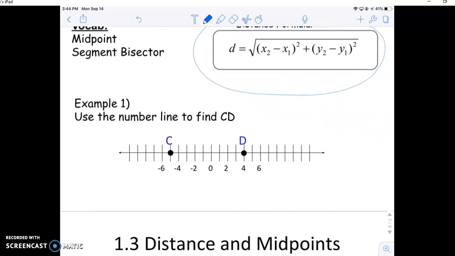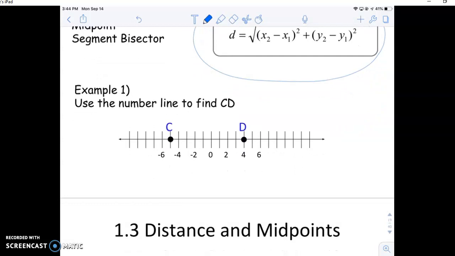Alright, so our first example is we have to use this number line to find CD. All that is, what's the distance between this point and this point. All you would have to do is you could just take the higher number, 4, and subtract the smaller number. So you go 4 minus, this is at -5, so you can go 4 minus the -5.